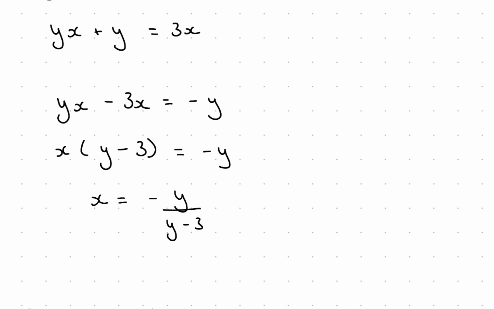And then what we do is we swap the symbols. So y becomes x and x becomes y. So we're going to have y equals minus x all over x minus 3. And that's that for the first one. Now you can then replace your f of x or your y with your f inverse of x like that.